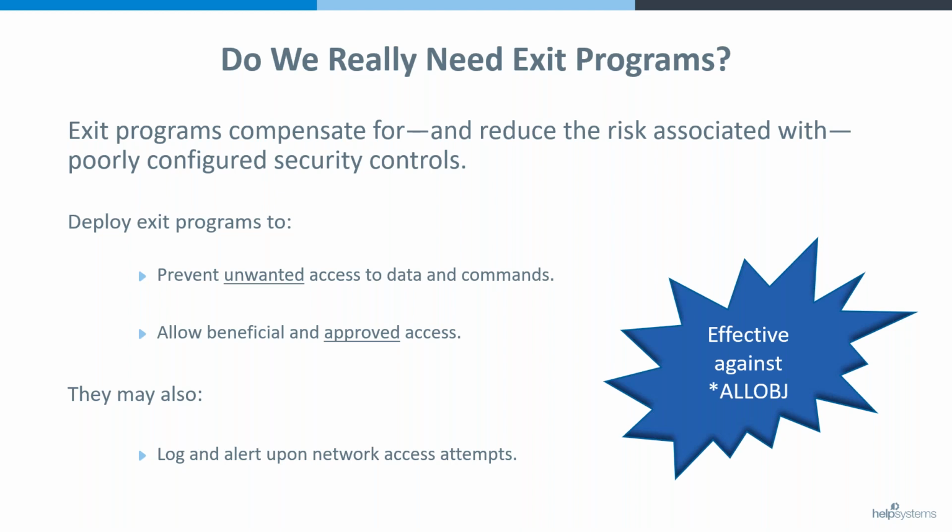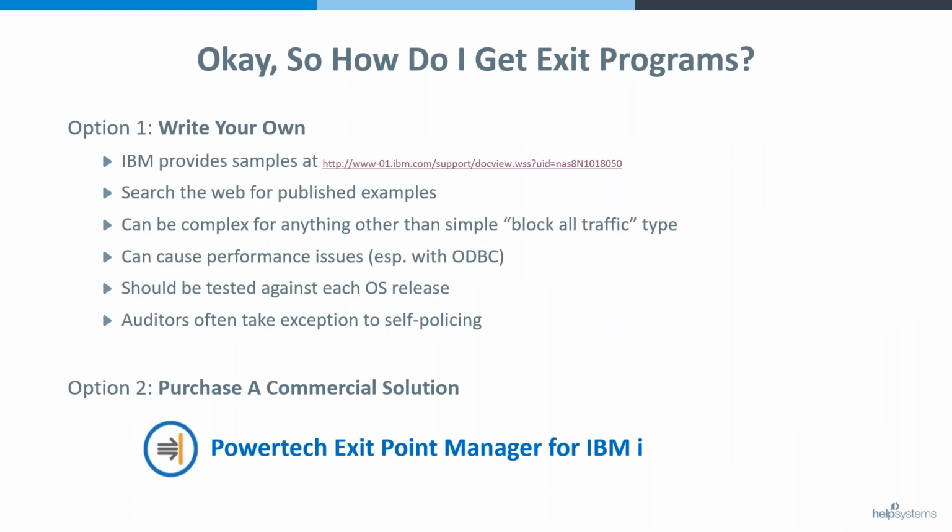Read it through green screen, change it through ODBC, no access through FTP. It's giving the operating system some variety and some flexibility where traditionally it is extremely rigid. Object level security is a fantastic capability, but it is not flexible. Nobody would ever describe it as flexible, and exit programs can give you that.